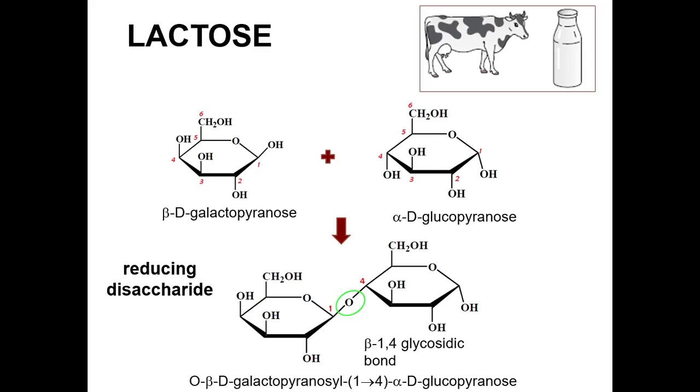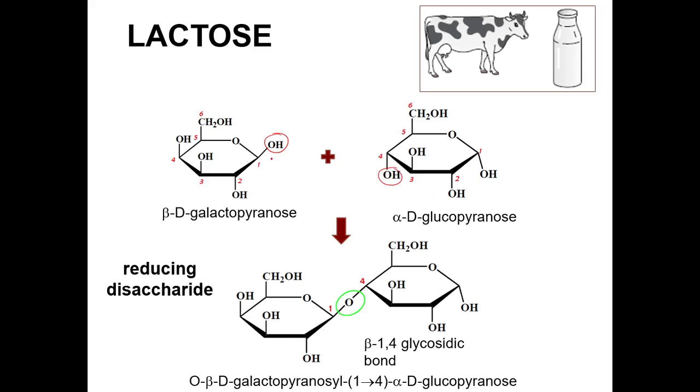So that's why we will assign it as a pyranose. So what will be the reaction? So the OH ito, the OH in the carbon position number 1 will react with the OH of the carbon number 4 of glucose.